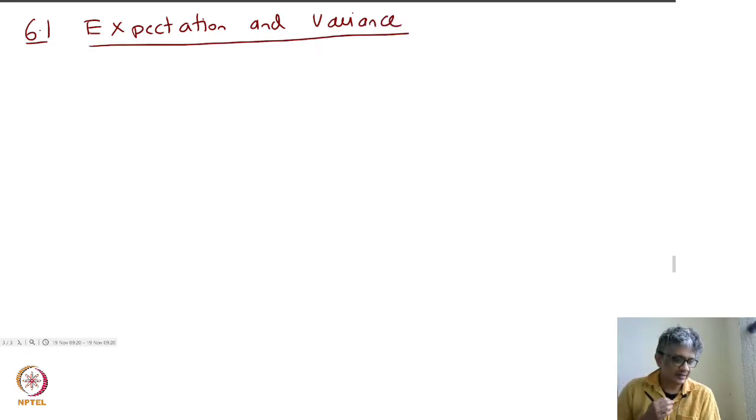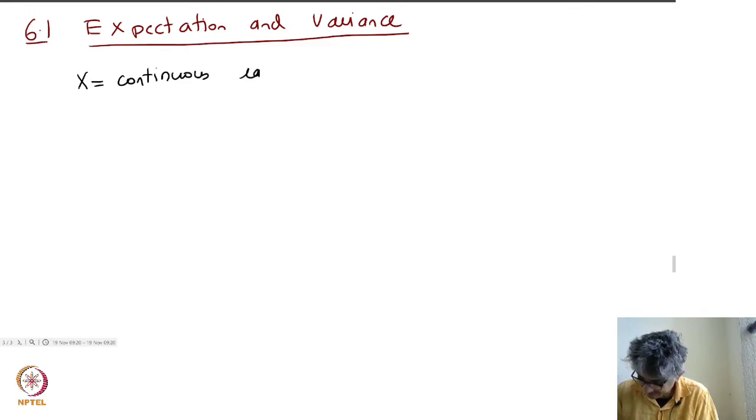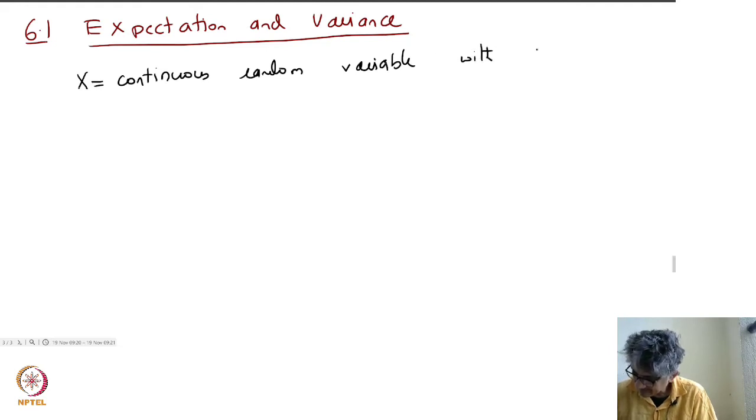Here, again I'll start off with X being a continuous random variable with PDF given by f sub x.